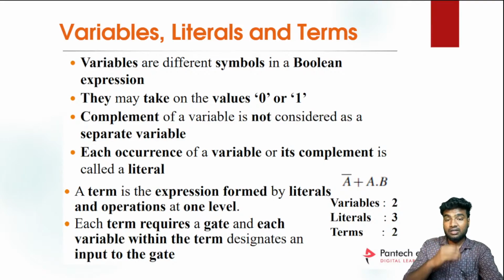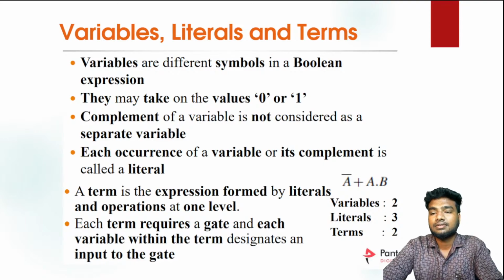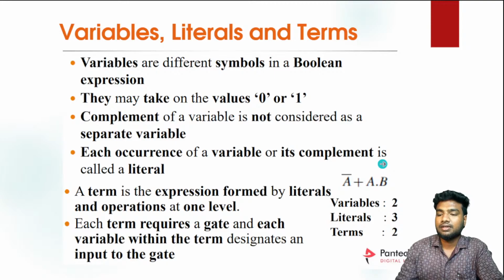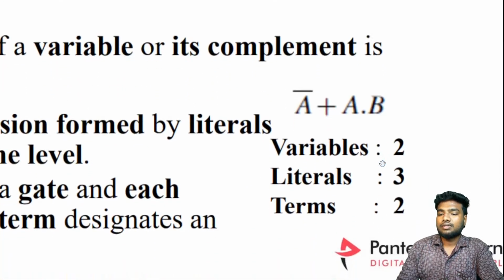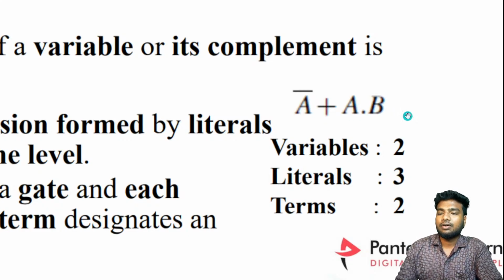Before going to that, you should know what variables, literals, and terms are in an equation. If you take this example, A bar plus A and B, you read the equation as A bar or A and B. This is a Boolean algebra expression. It has two variables, A and B, and three literals.